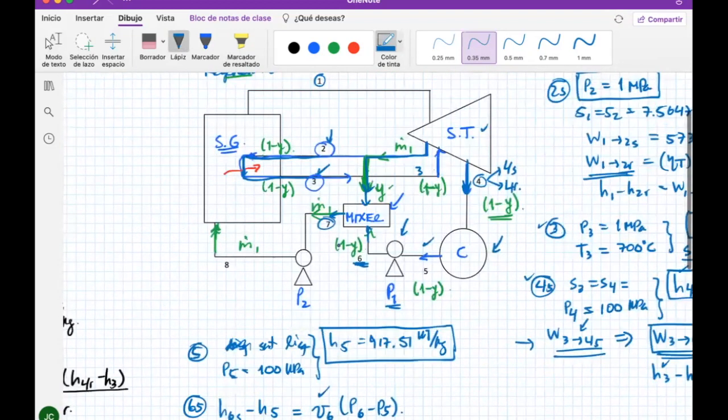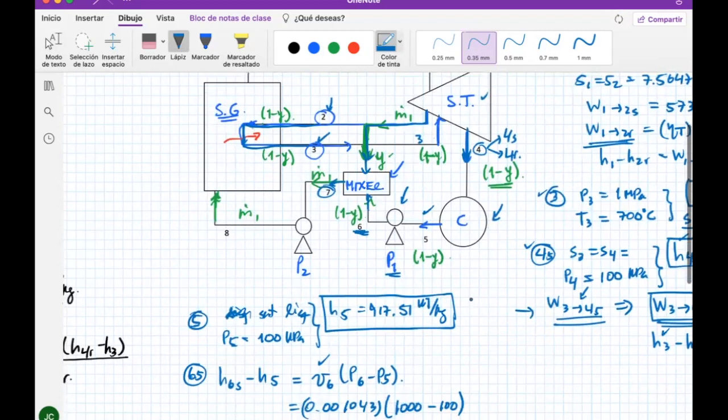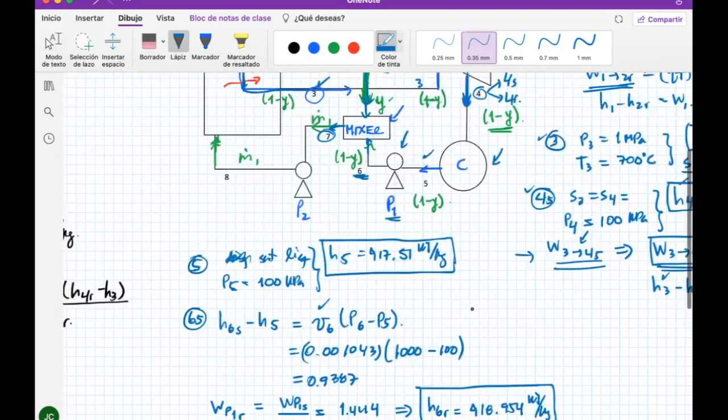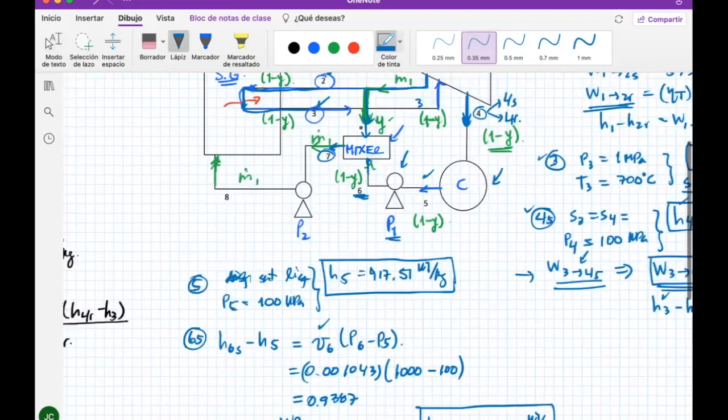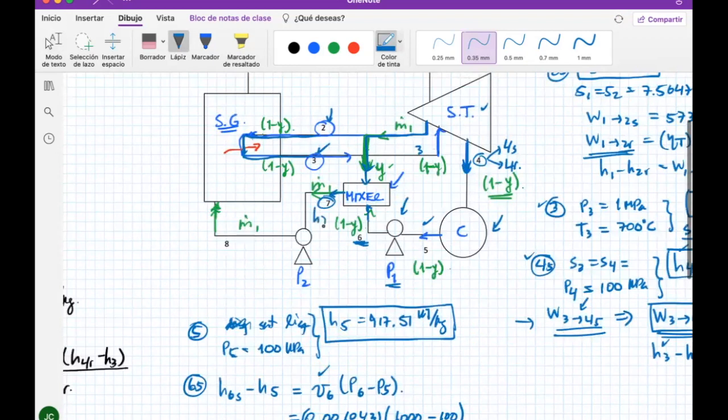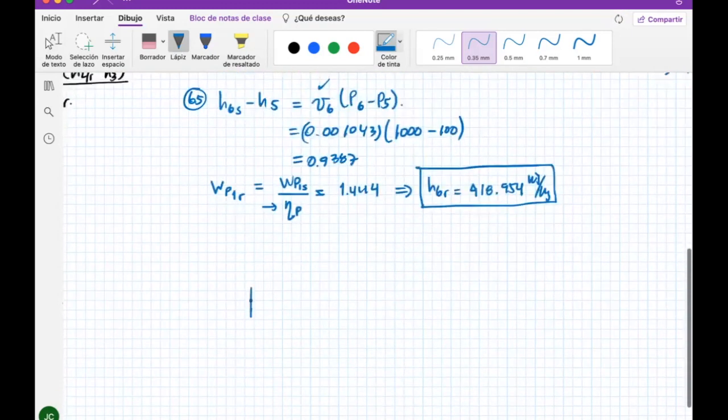What about this point 7? Point 7 is found with a little trick. It's not a really nice trick, but it's important to know. I want to know H7, but it depends on several things. So I'm going to do the mixer part, maybe you know regeneration, maybe you don't.